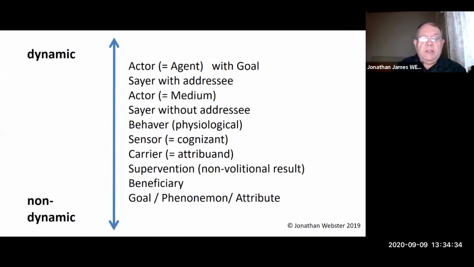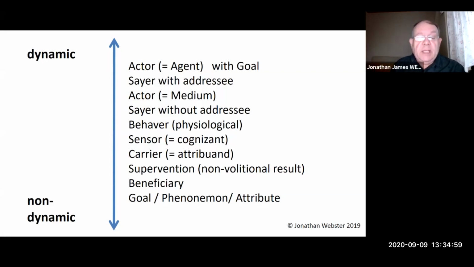are being presented, some are more dynamic than others. So in terms of the participant roles, if you have a process with an actor and a goal, in that case you have something which is more dynamic than something which describes just an attribute.